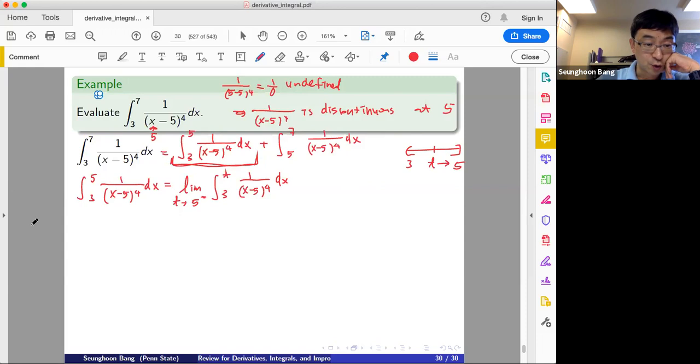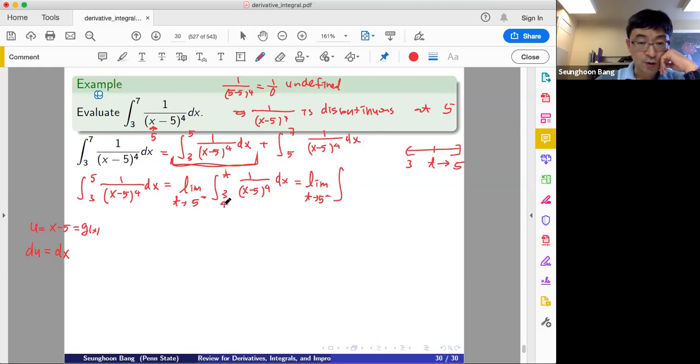How can we solve? You can use u substitution. u equals x minus 5. The du is the derivative of x minus 5, which is 1, and 1 times dx is only dx. So you can change it. This one is g of x. What's that? The same limit, as t approaches 5 from the left.